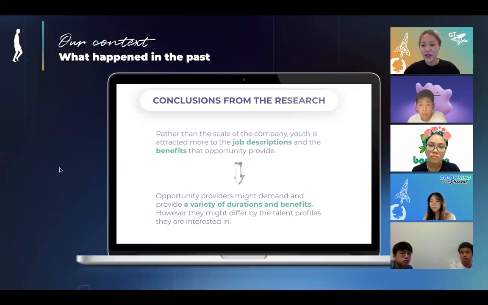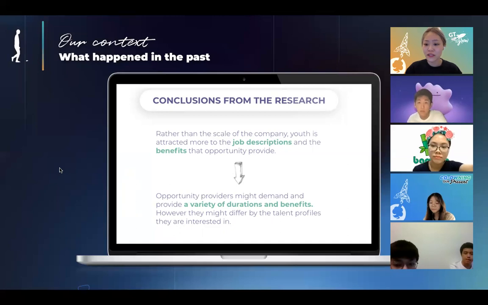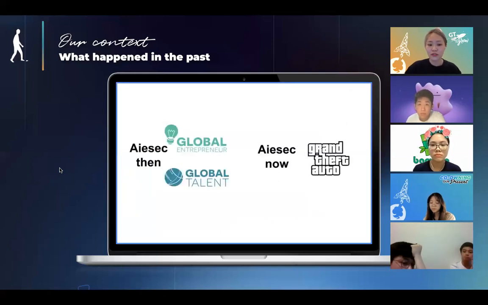They don't care about saying, hey, this is a different program. For them, it's an internship experience, and what they care about is job descriptions and benefits. So we really need to understand that it's okay for us to understand the difference between programs, but somehow we need to make it easy for customers to understand.